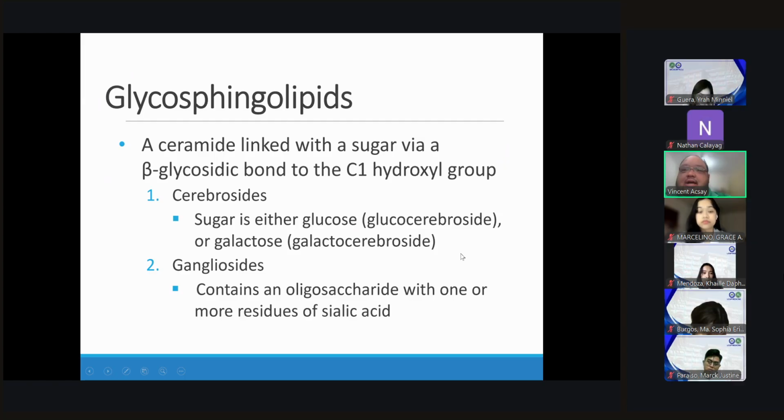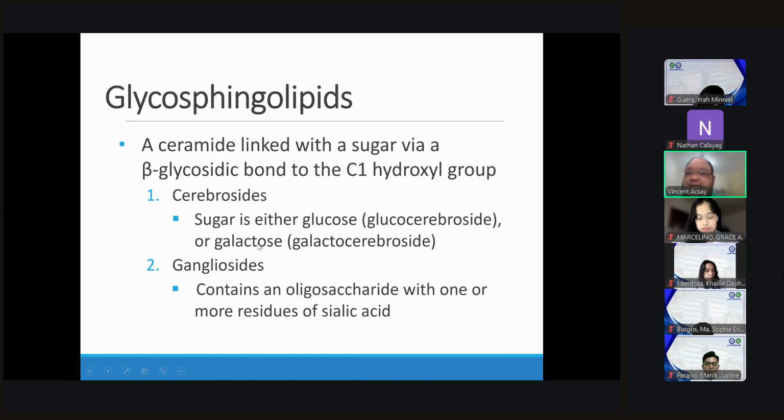Next, with the sphingolipids is glycosphingolipids. Glyco means sugar. This time you have a ceramide, or a sphingosine with an attached fatty acid, now linked to a sugar via a beta glycosidic bond to your C1 hydroxyl group. Examples of these are cerebrosides, where the sugar is either glucose to form glucocerebroside or galactose, which forms galactocerebroside.